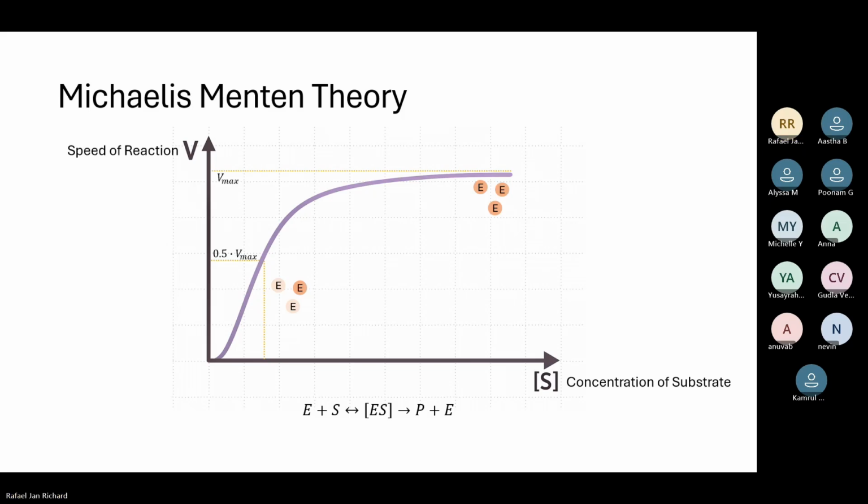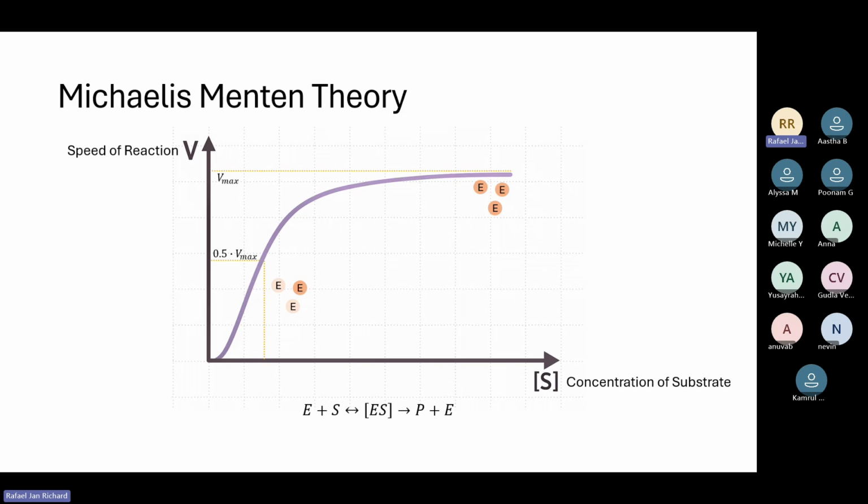And there's also another value, which is Km, the substrate concentration at which half of the full speed of the reaction is reached. This is actually quite important, as when Km is very small, this means that the enzyme has a good affinity for the substrate molecule, so the reaction starts really fast.